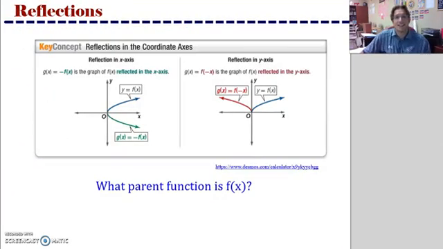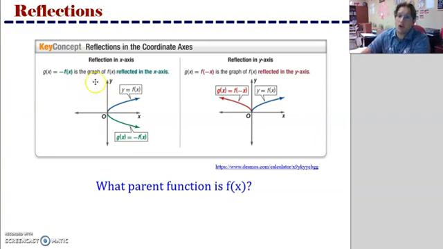All right, now let's get into what we're talking about today. So reflections. All we're doing is taking whatever our basic function is, and we're flipping it either up and down, so over the x-axis, or we are flipping it left and right, over the y-axis. Right now, your book's giving you this beautiful little graph to help explain that.